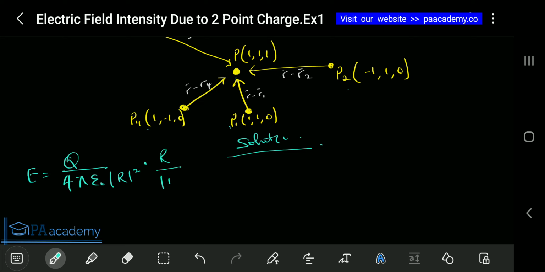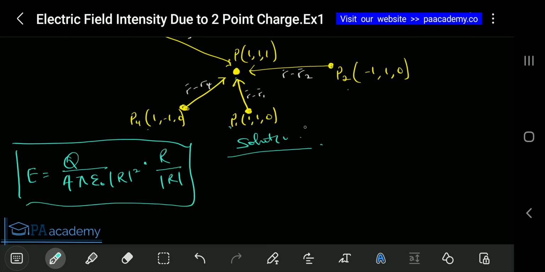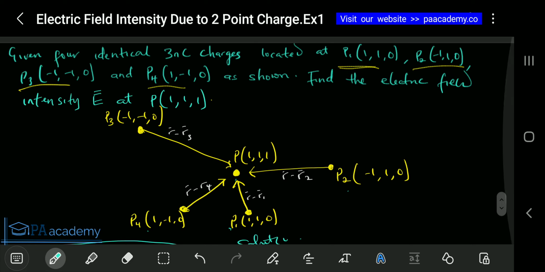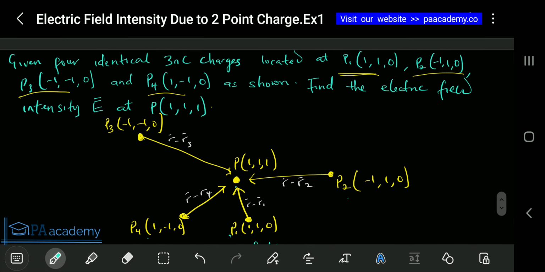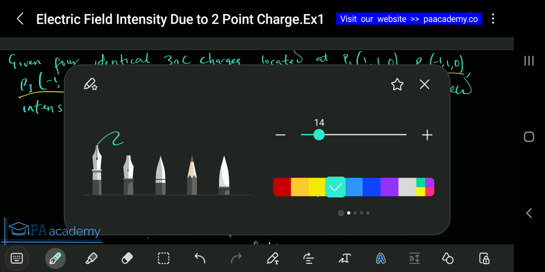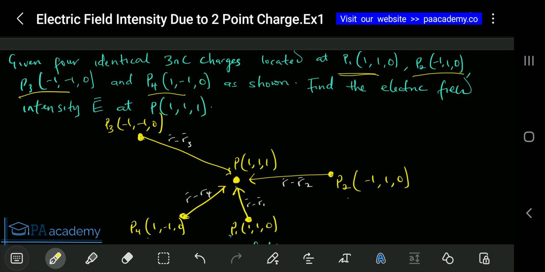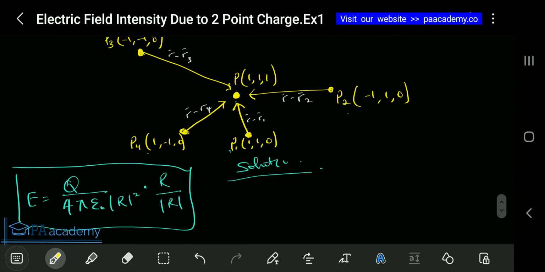So we are going to look for this value for each of the charges. However, since the question says four identical charges, P1, P2, P3, and P4 all have the same charge of 3 nanocoulombs, that's 3 times 10 raised to the power minus 9. That makes work much easier for us.